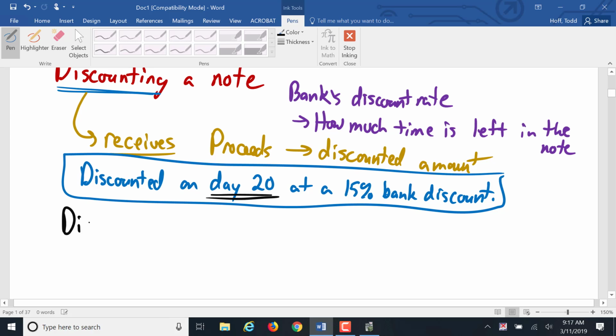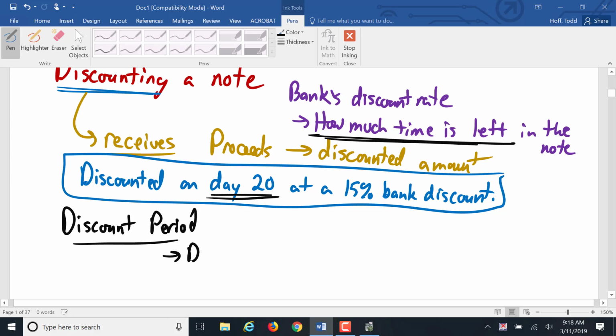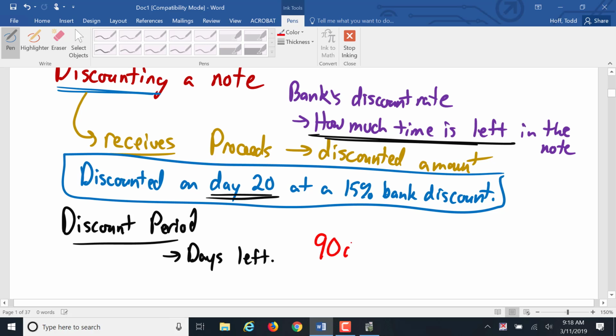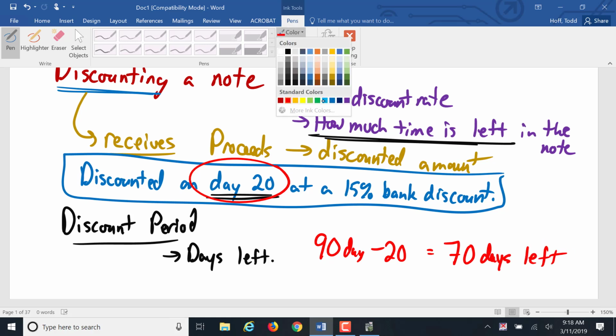So there's something called a discount period. And as we mentioned up above, that is the days that are left. So in a 90-day note, 20 days have gone by. There's 70 days left. That is the discount period.